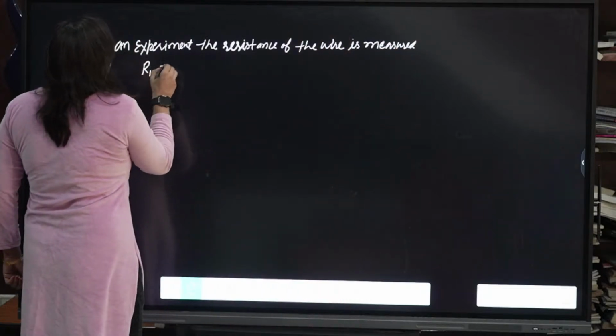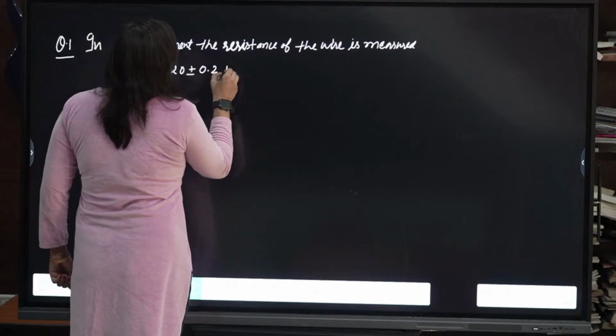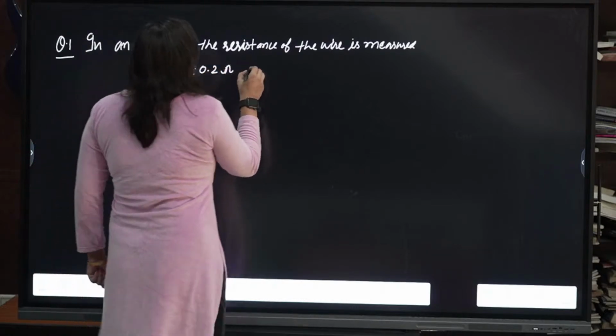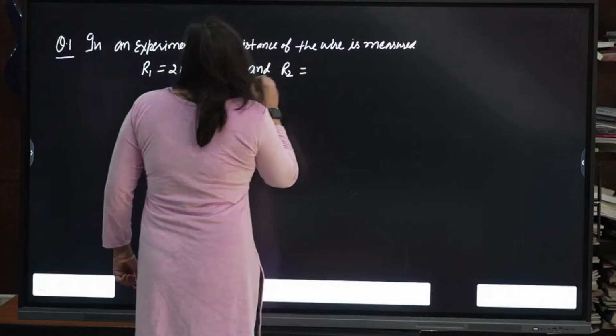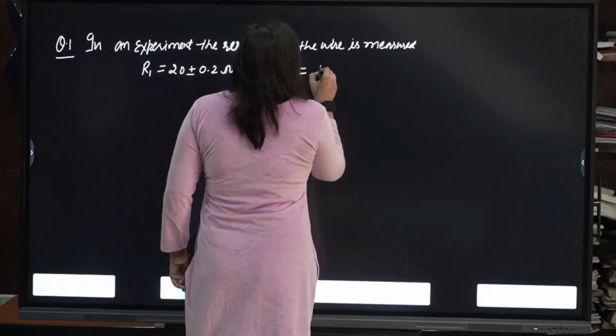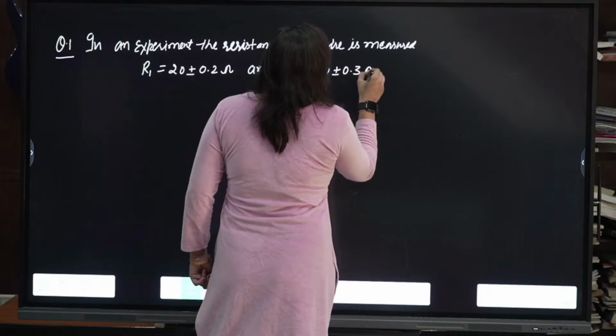R1 is 20 plus minus 0.2 ohm and R2 is 10 plus minus 0.3 ohms.